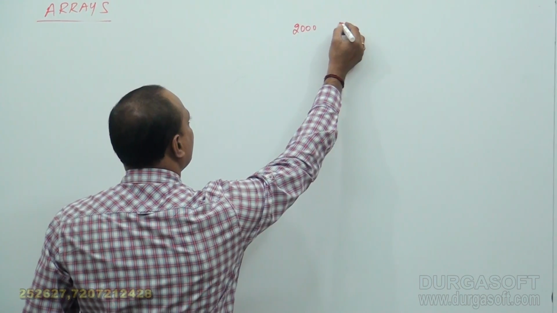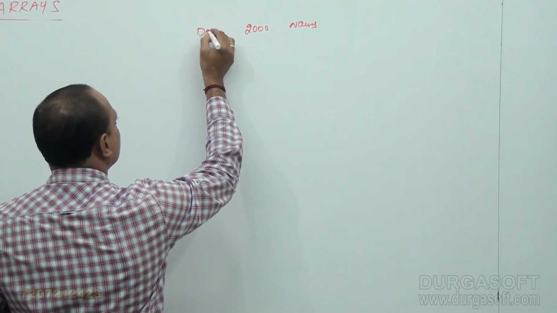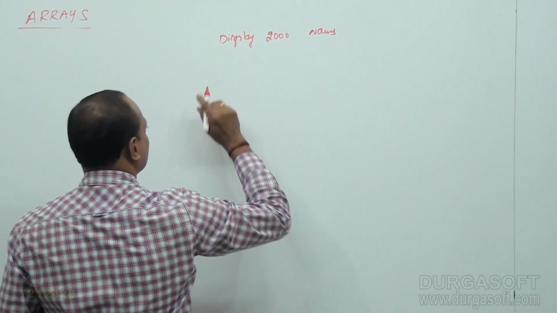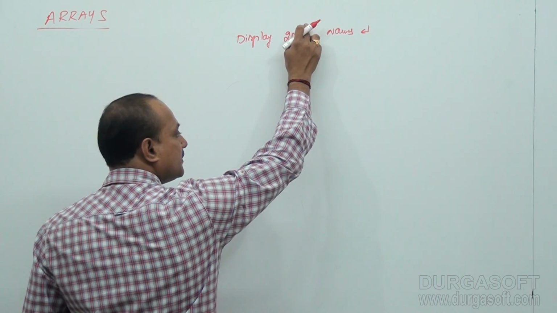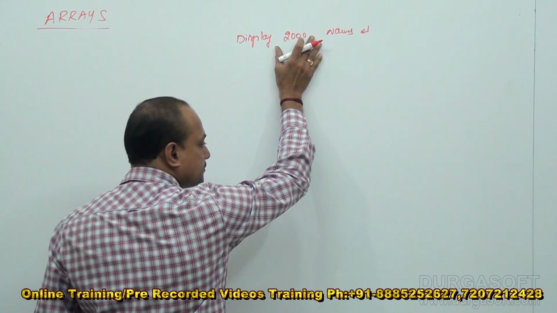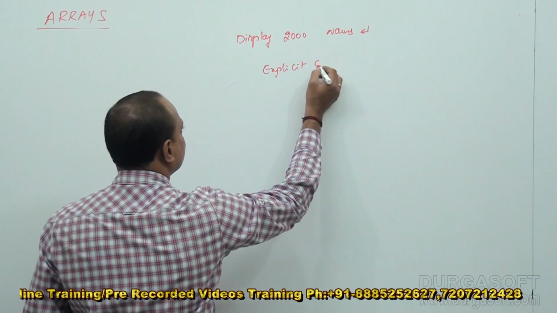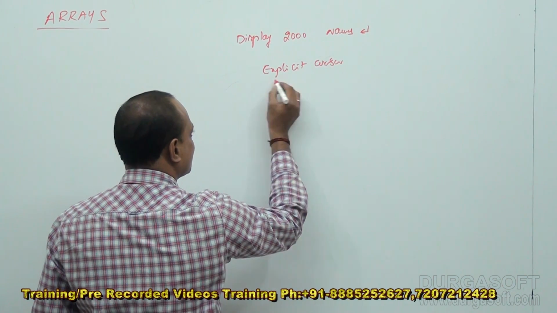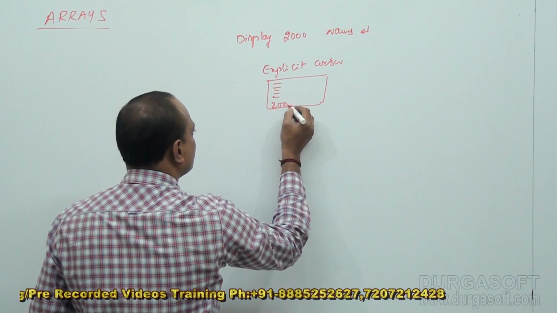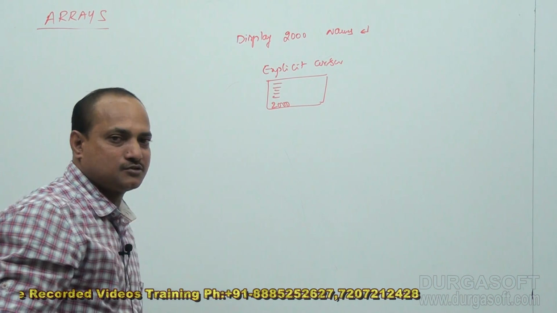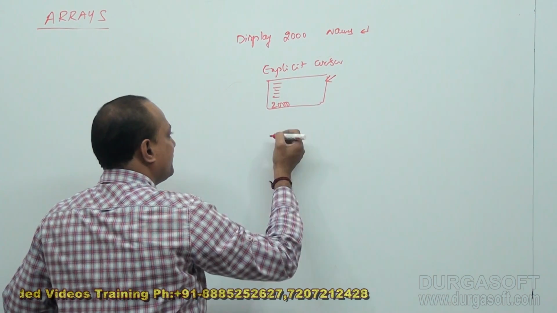Suppose I want to display 2000 employee names. You are dealing with multiple records, so definitely we have to use an explicit cursor. First, take the employee names, 2000 of them, into the cursor area.